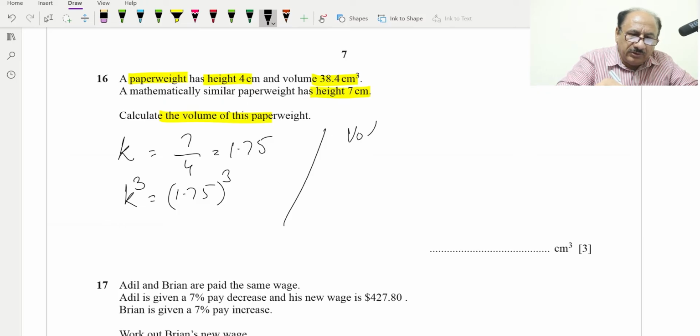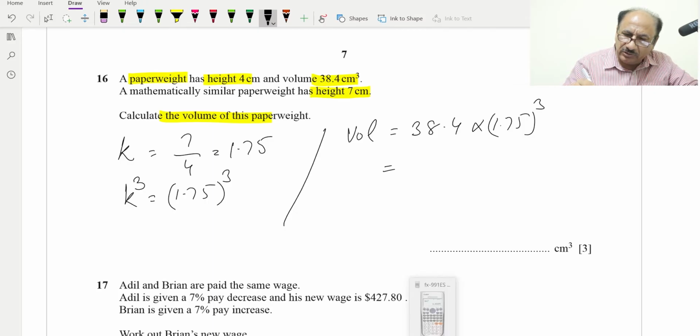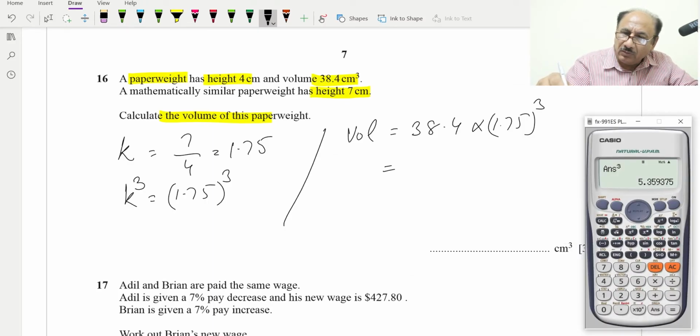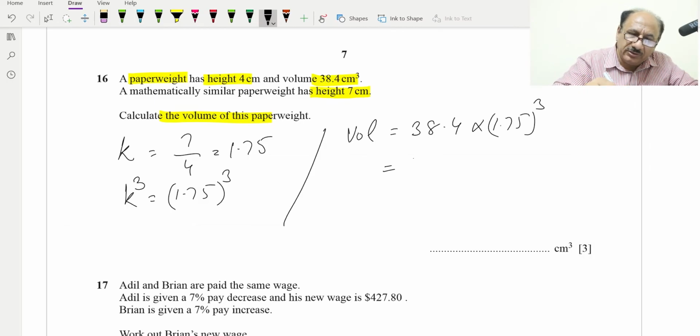So the volume of the paperweight will be equal to 38.4 multiplied by 1.75 raised to the power 3, and this will be equal to 205.8.